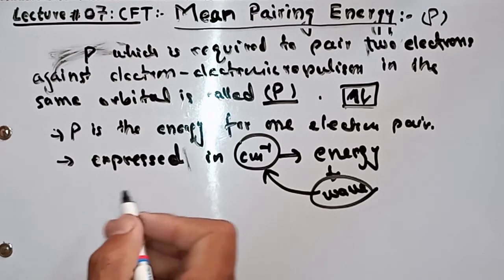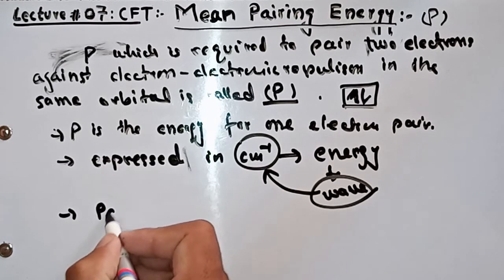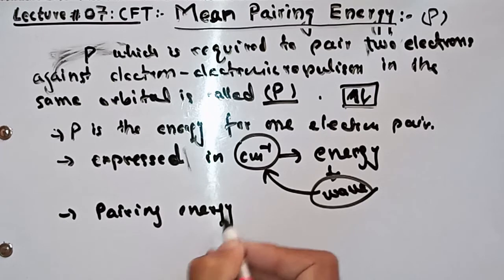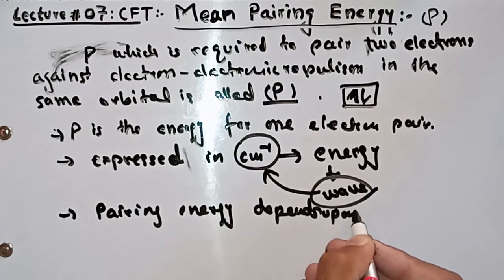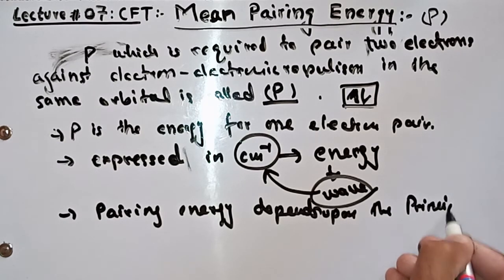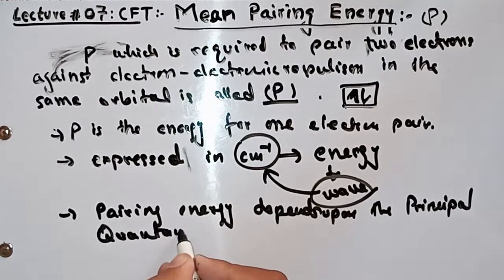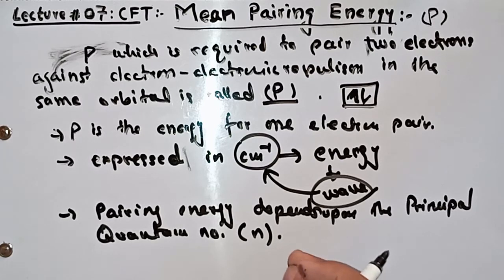And also, pairing energy depends upon the principal quantum number, that is n.